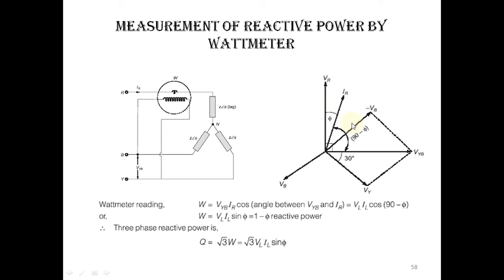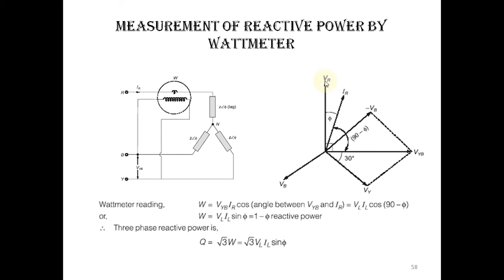Now this one is 30 degree, this one is 60 degree. So what is the angle between these? This angle is 90 degree. So the angle between VYB and VR is 90 degree.